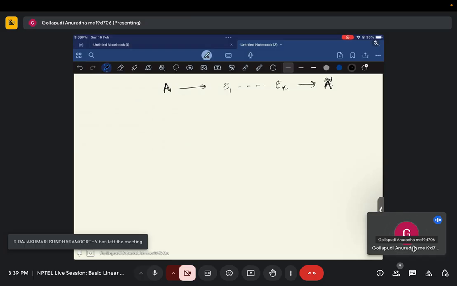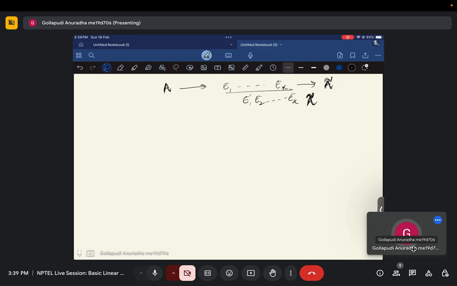Now I'm saying that you can also start with the reduced form, assume you already have it, and do the same elementary operations in reverse, and you are getting A. Are you convinced with this?